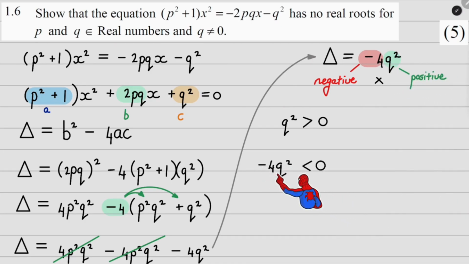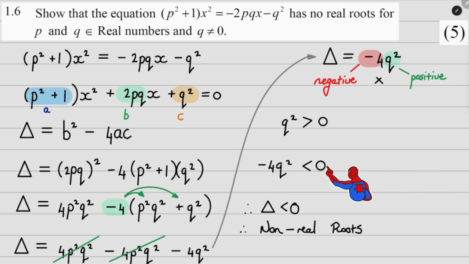So negative 4 times q squared will always be smaller than 0, aka negative. So that successfully proves that my discriminant, which is represented by a triangle, is less than 0. So we can conclude that we have non-real roots. If we square root a negative number, we get non-real roots.